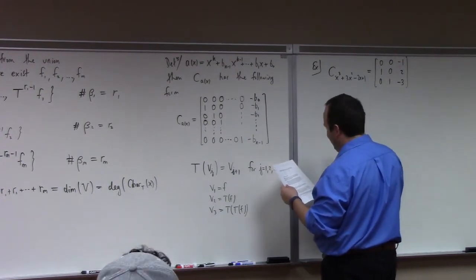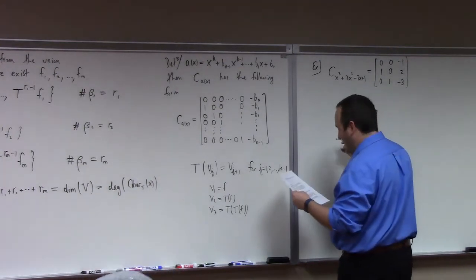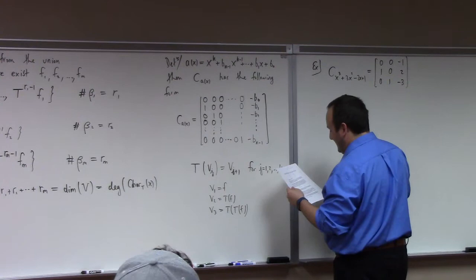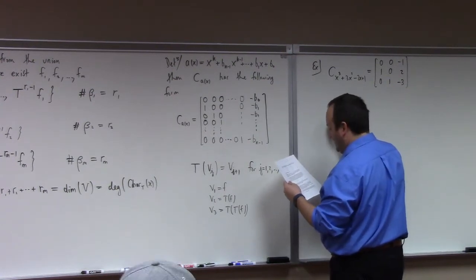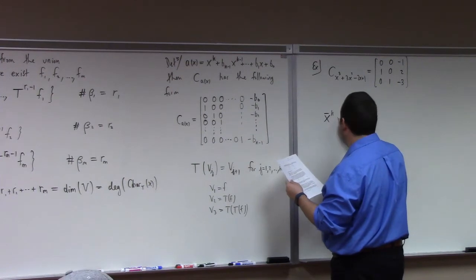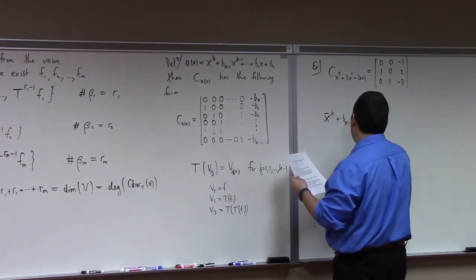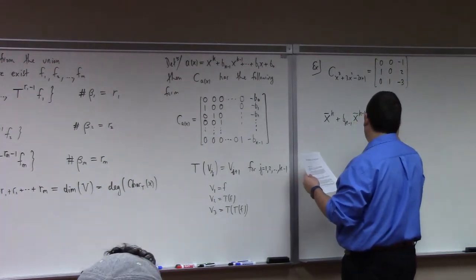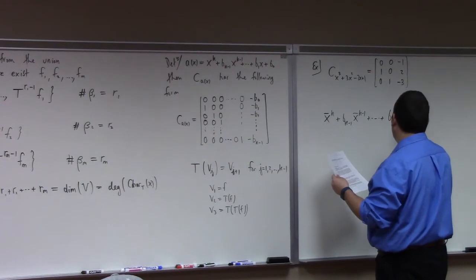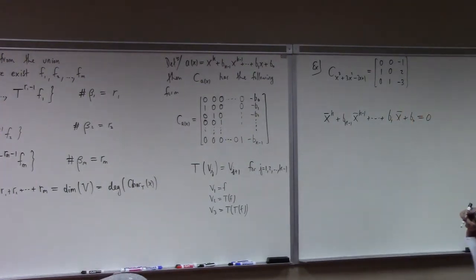So in this, all right, very good. On page 474, he gives a meaning to x bar to the k plus b_{k-1} x bar to the k minus 1 plus and so on plus b1 x bar plus b0 equal to something. There's a discussion leading up to this, what this x bar is.